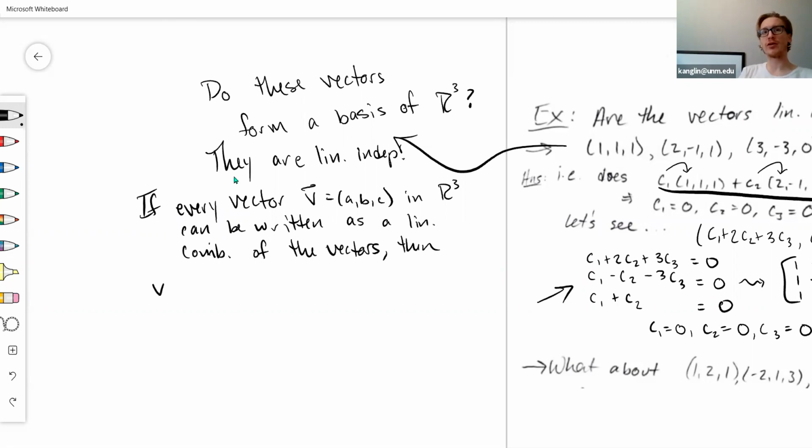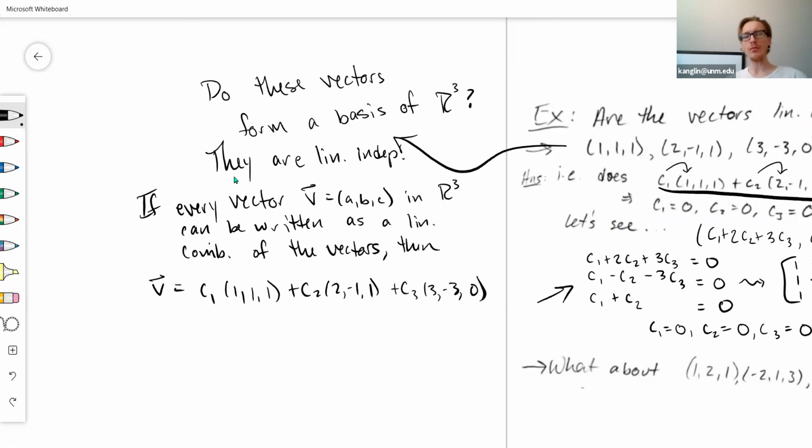It means our V vector is some C1 times (1, 1, 1), plus C2 times (2, -1, 1), plus C3 times (3, -3, 0). Well, our (a, b, c) vector is our V, so let's put that here.